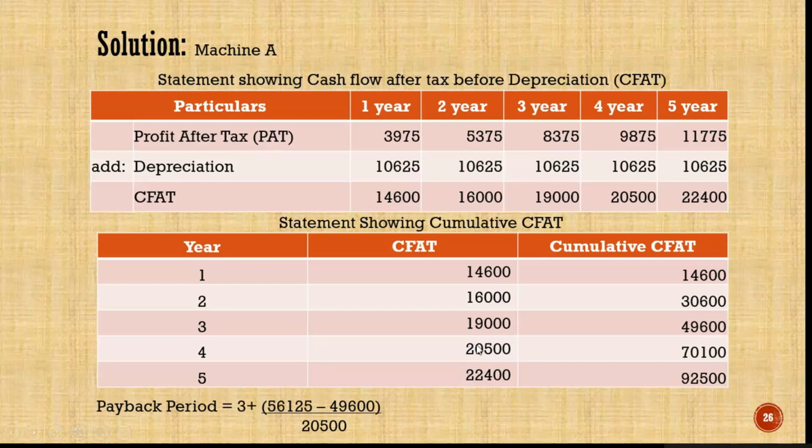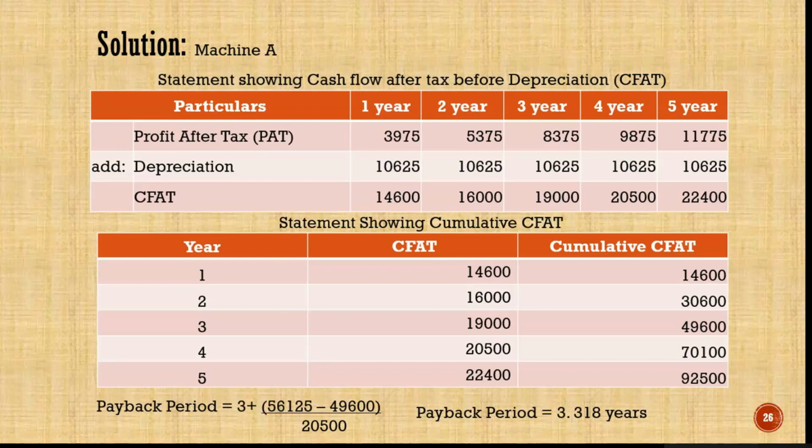It is the annual income of the fourth year we have written, and thus we get the payback period of this particular machine A as 3.318 years. So here we have calculated the payback period.